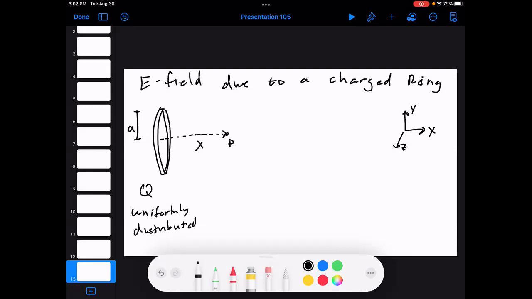Does that mean that we can just say the electric field is clearly just kQ over X squared, where X is that distance right there?